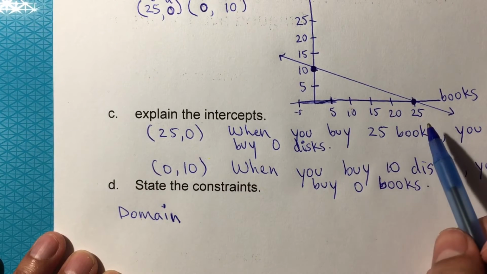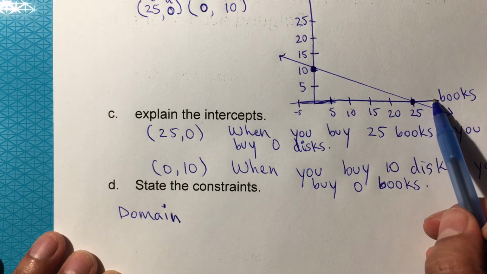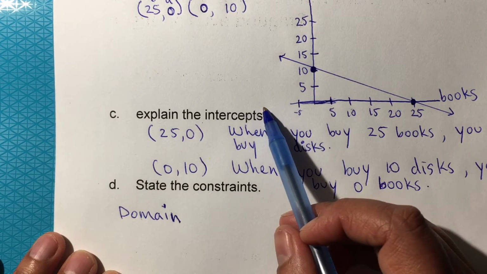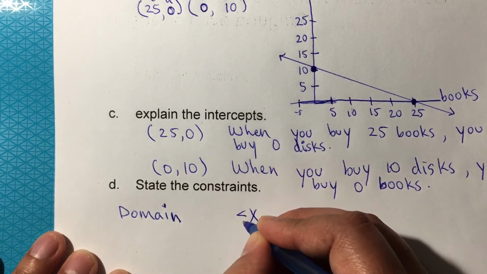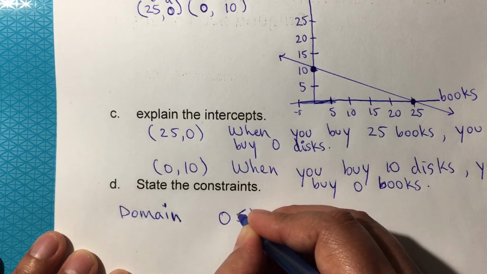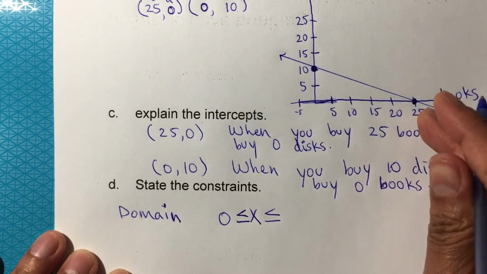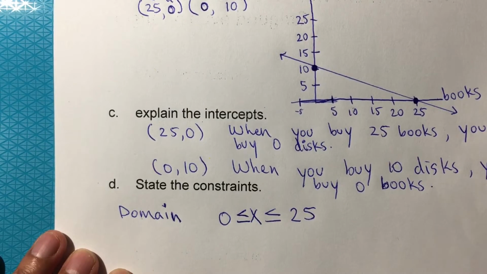And with $500, you will not be able to buy more than 25 books because you'll go over the $500. And you cannot have a negative value for books. So my domain will be x is greater than or equal to 0, but less than or equal to the 25 books that I'm going to be able to buy.